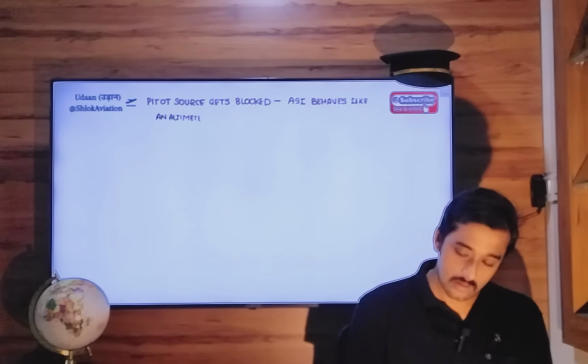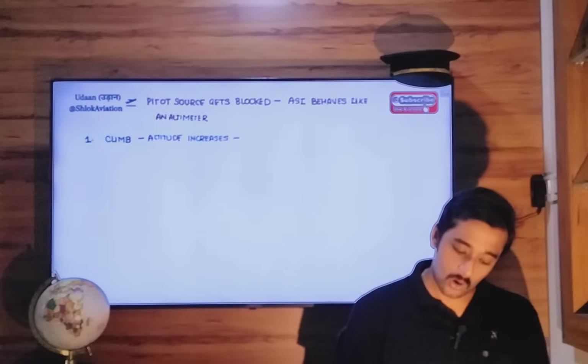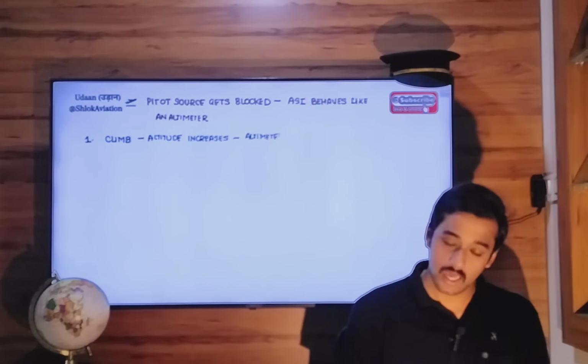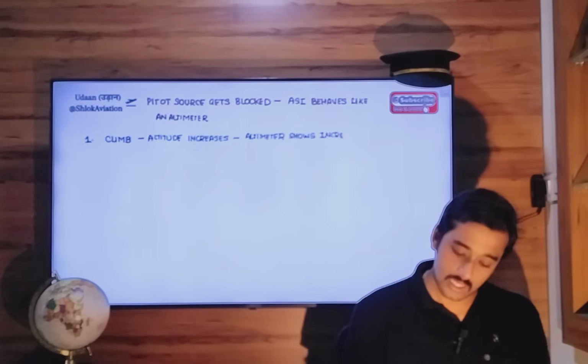Meaning, let's say situation 1. When you climb, your altitude increases, and therefore your altimeter will register this information and show increase in altitude.